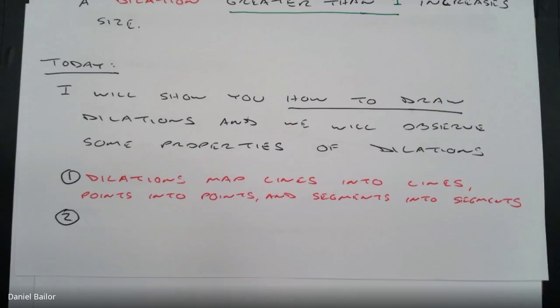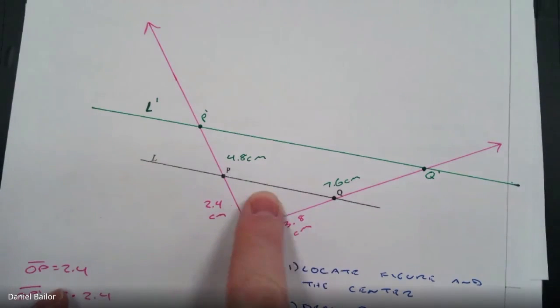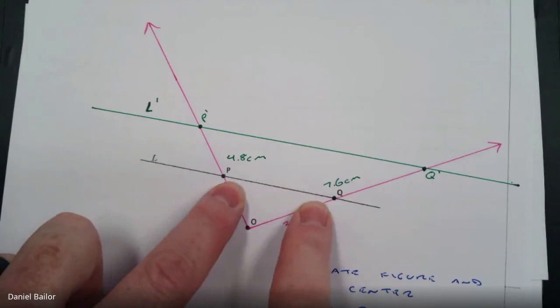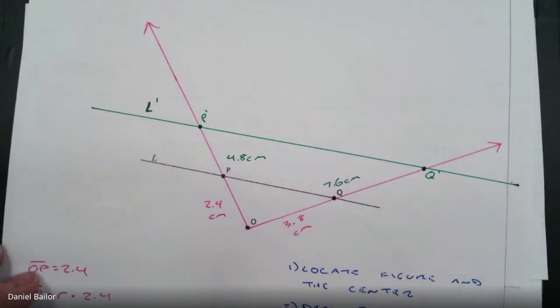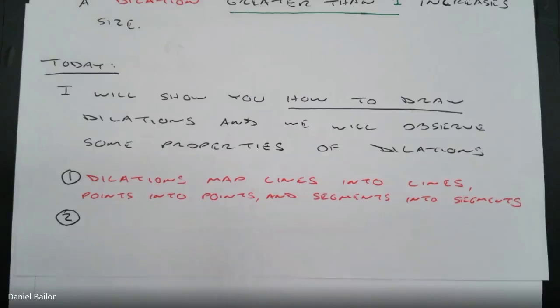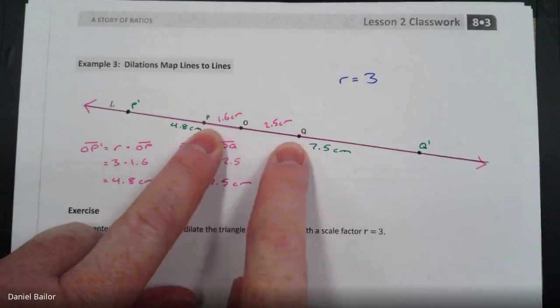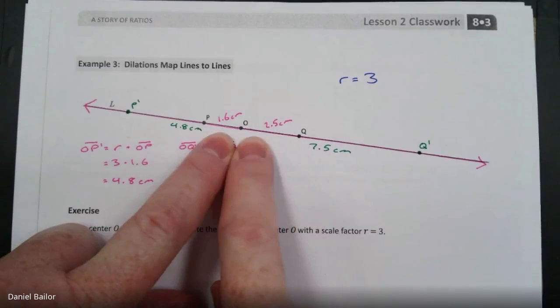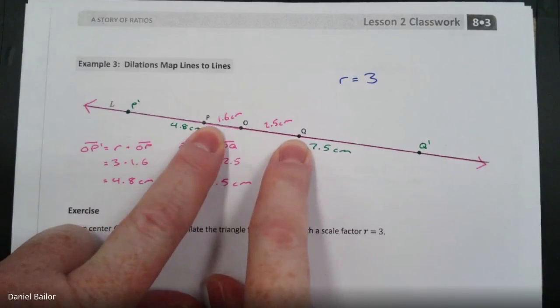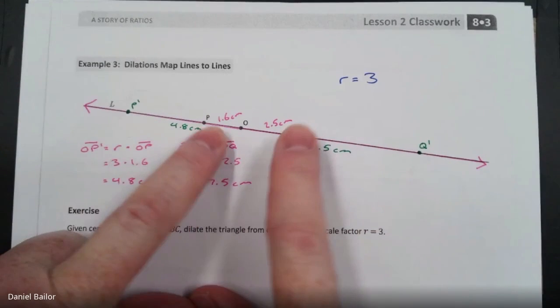You know they change the size because look how much bigger the distance is. This distance is bigger than this distance. The points are farther apart, so the size changed. And if you look at example 3, this was the original size, but then after the dilation, the size changed. It grew, so size change.